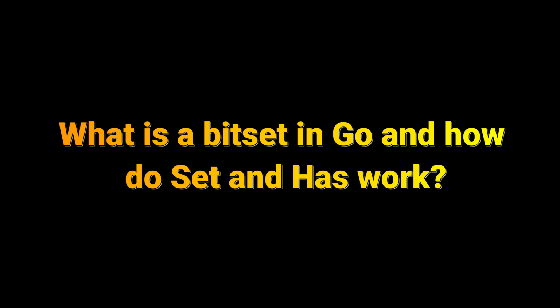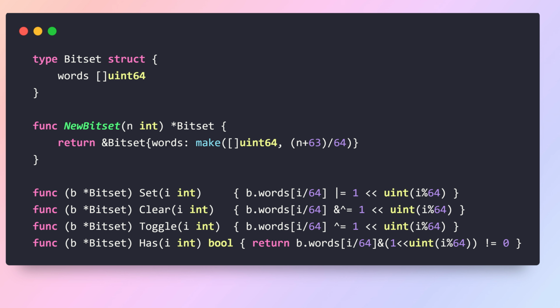Question: what is a bit set in Go, and how do set and has work? A bit set is a compact way to store many true or false values using bits instead of separate Booleans. This implementation stores bits inside a slice of uint64 values, where each uint64 holds 64 bits. When you create a new bit set with a size n, it allocates enough uint64 words to cover n bits.